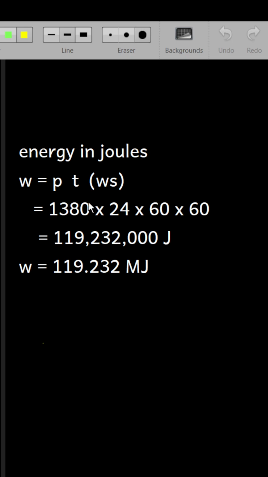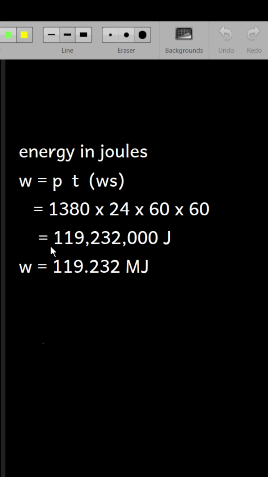So how to convert it into joules? Here you have already calculated the power as 1380 multiplied by 24 hours. Then you have to convert it into seconds, that is 60 into 60. Power, that means watt into seconds, gives you the joules, right?